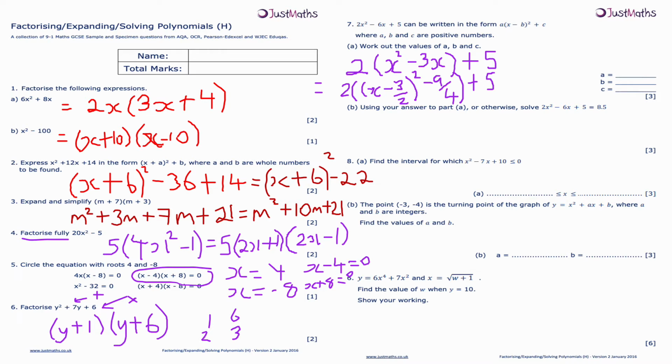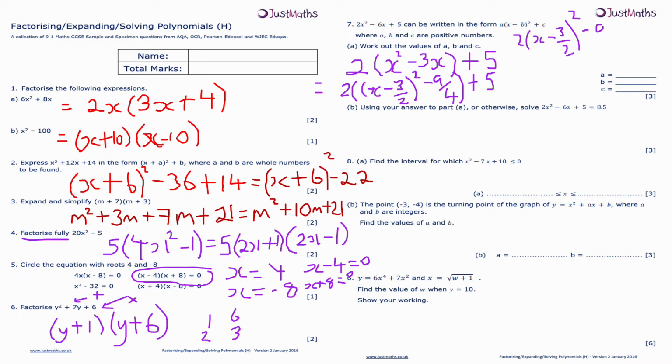and then I'm going to have 2 times minus 9 quarters, which is going to be minus 18 quarters or minus 9 halves, plus 5. Then I can just tidy up this bit to make it a bit neater.